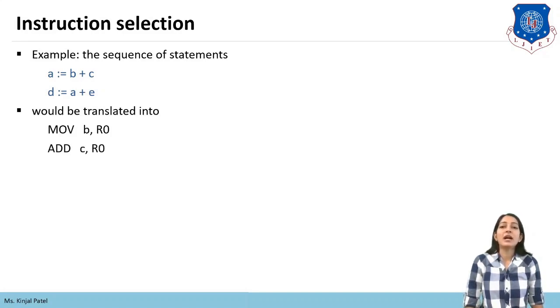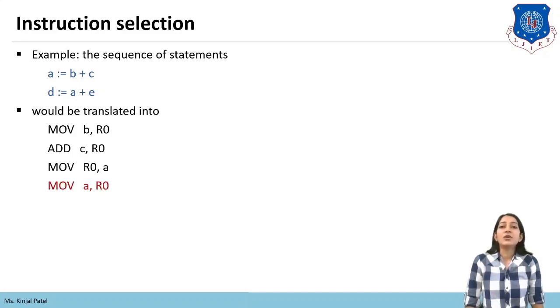Add C comma R0 means C will be added to B using the R0 register and the result will be stored in R0. And move R0 comma A means the result will be moved to the A variable. Okay, so B plus C has been stored into the A variable.